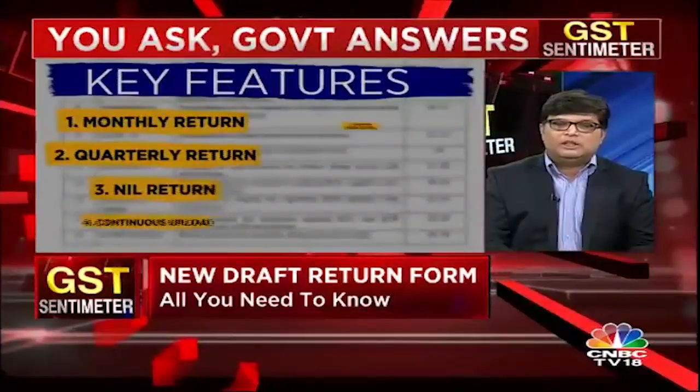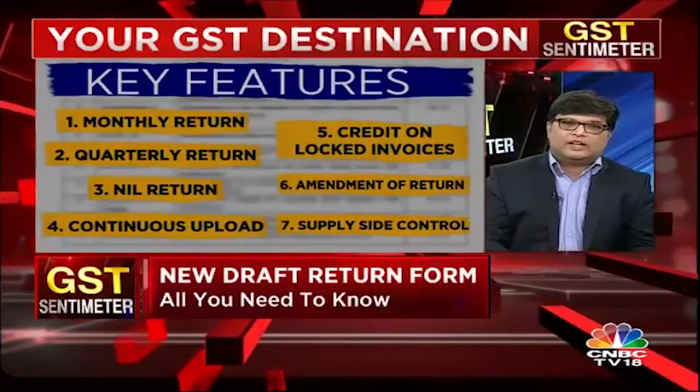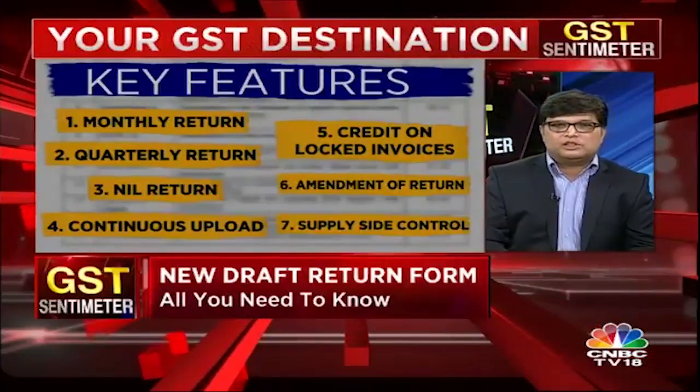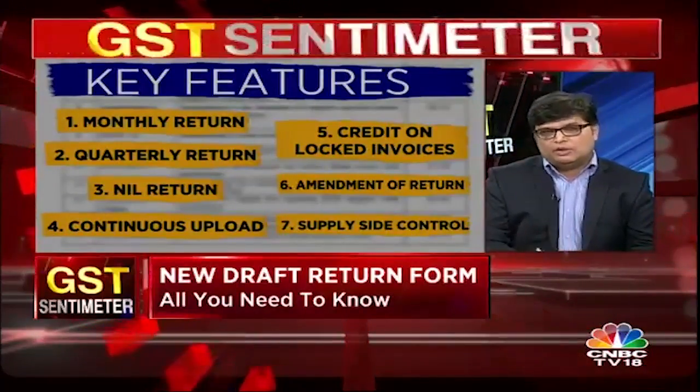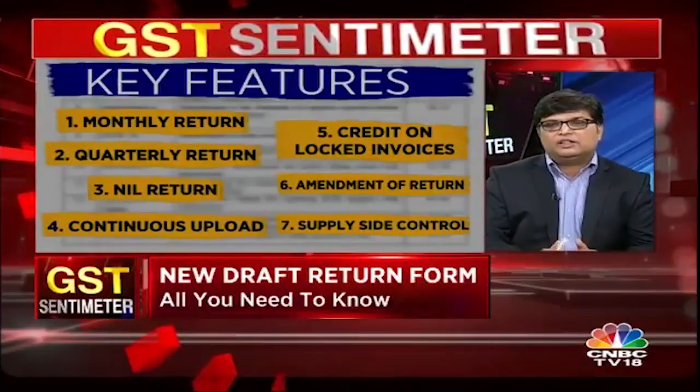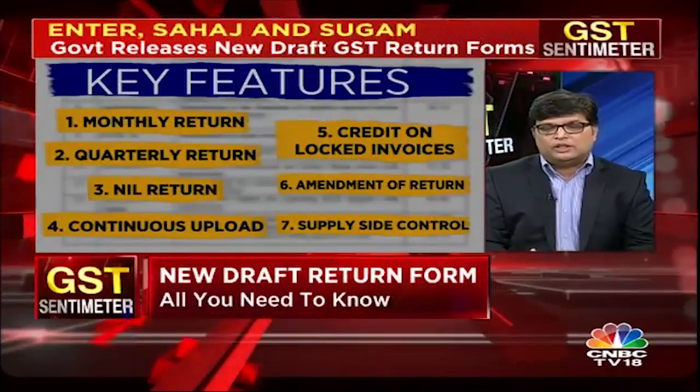The entire process is simple. It is upload, lock the invoices on which you have to take the credit, pay your taxes and move out. And third, you as a buyer will not be troubled with reversal of tax credit except for a few exceptional situations. So if you are doing your due diligence, credits will flow to you without any difficulty.